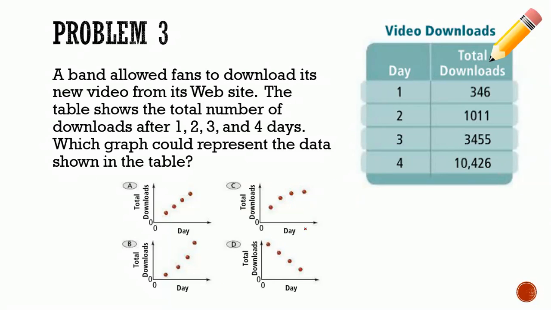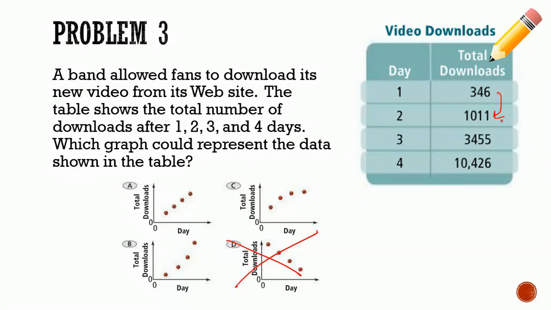Let's look at a process of elimination. It looks like this one went down, and that's not what happened. We went up, and by quite a bit, so we know it can't be D. Now let's look here. How many did we go up by each time?